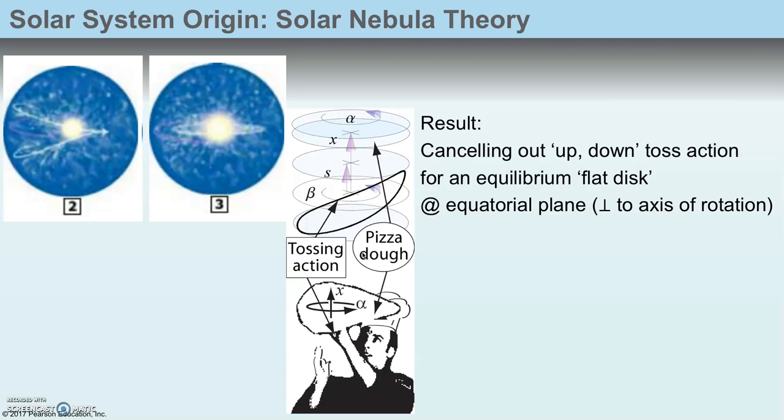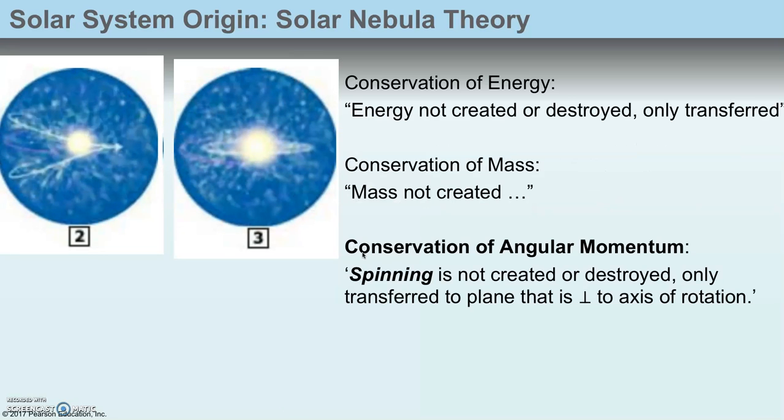And the fluttering of the pizza dough, the up and down motion, will become an equatorial plane at the top of the toss. This is the conservation of angular momentum. So if you want to think about a skater's skirt, go for it. If you want to think about pizza dough at the top of its toss, you can think about that as well, conservation of angular momentum.